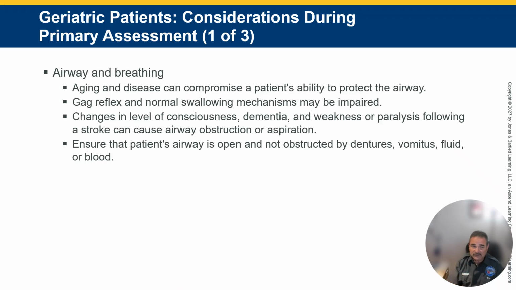Changes in level of consciousness, dementia, weakness, or paralysis following strokes can also affect the airway. So we need to make sure that the airway is patent, open, with no obstruction, which could lead to aspiration, which means it goes down into the lungs. We don't want that to happen.